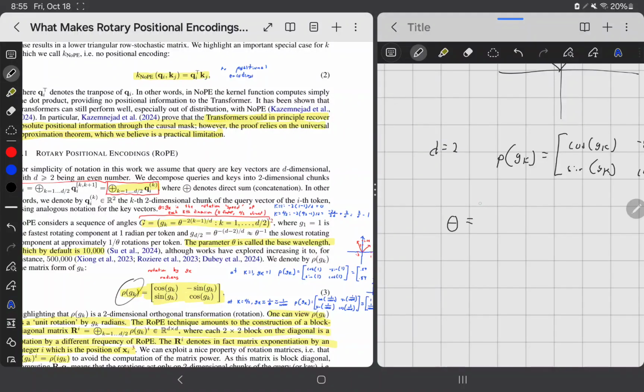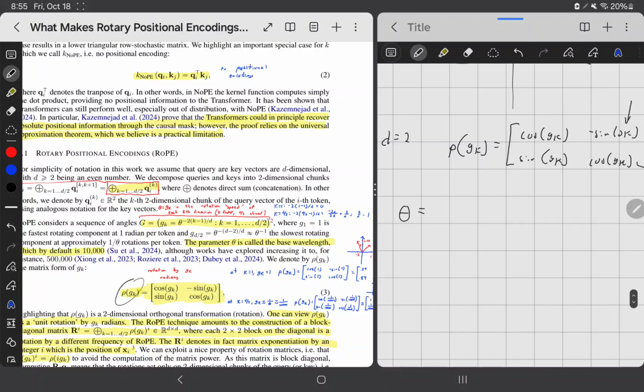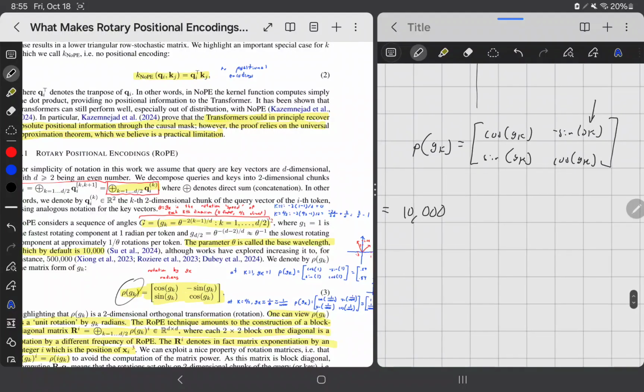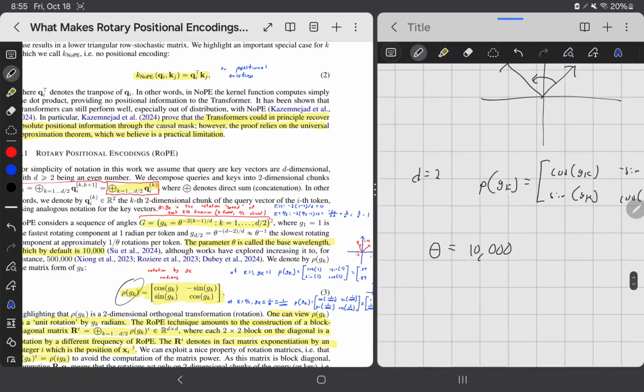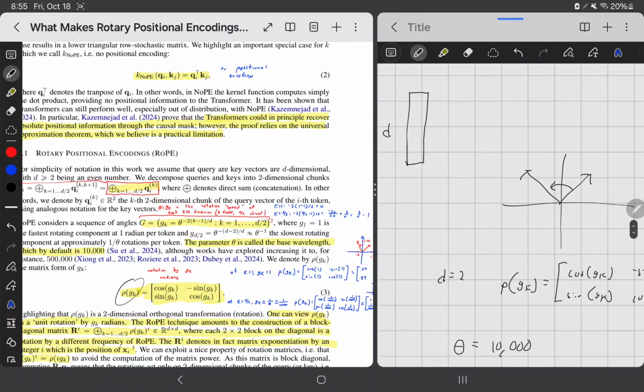Theta is going to be defined as the frequency we're going to use. In the original paper, they used 10,000, and we're going to assign a value of theta for each pair of dimensions here, and we're going to rotate each pair according to that frequency.